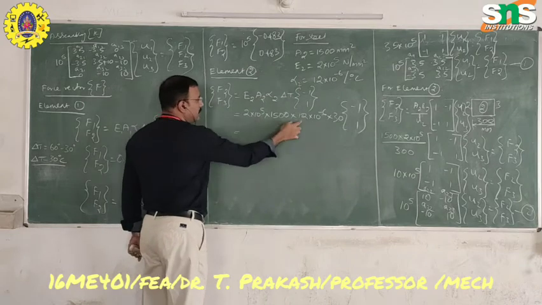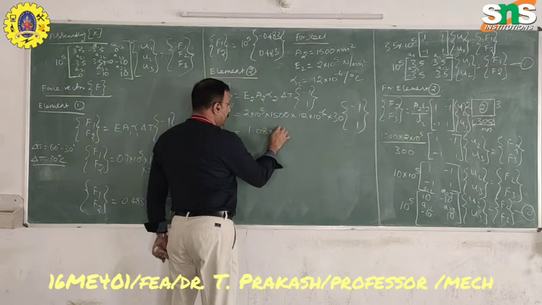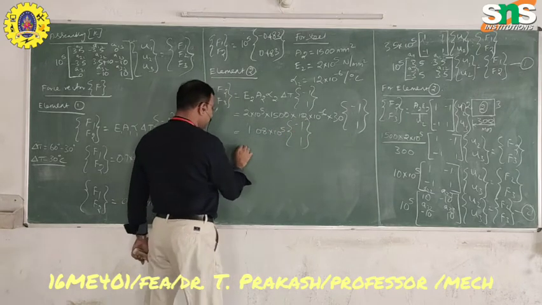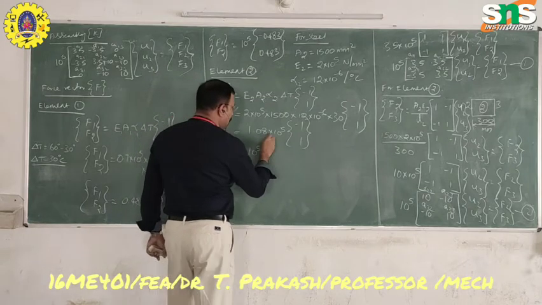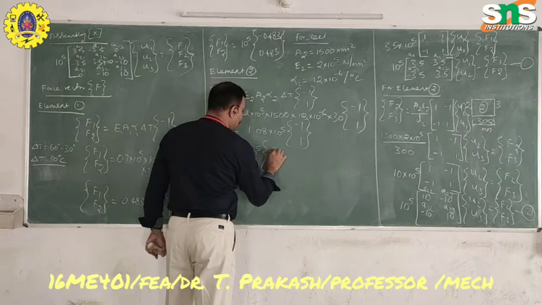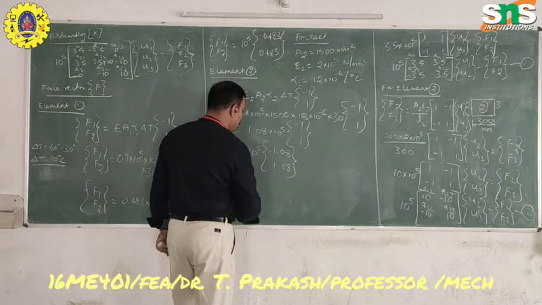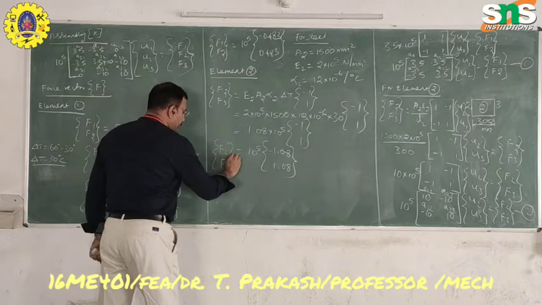You multiply and get 1.08 into 10 power 5 times minus 1, 1. You keep the common term, 10 power 5, outside and multiply 1.08, that is minus 1.08 plus 1.08. This is the value of F2 and F3.